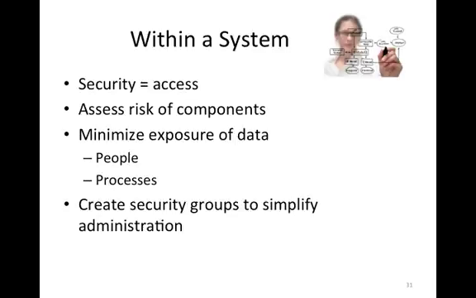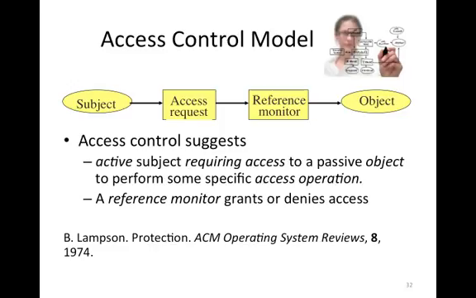So we can simplify the administration of our security policies by creating security groups, grouping people with like needs and having the security controlled that way. And so let's look at access control in general, and then we'll work towards what those groups would be.